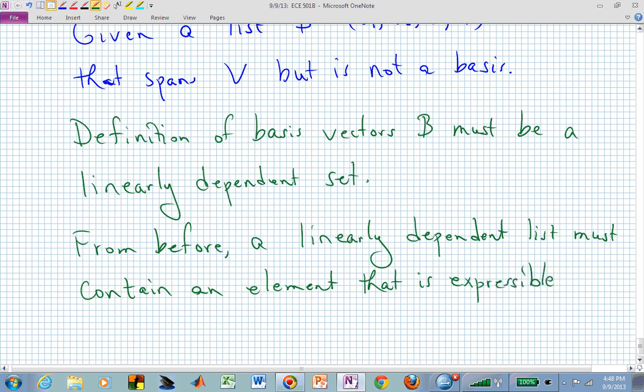That is expressible as a linear combination of the other vectors or other elements in that set B.